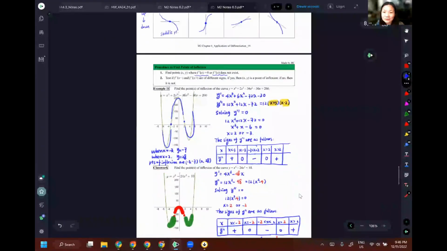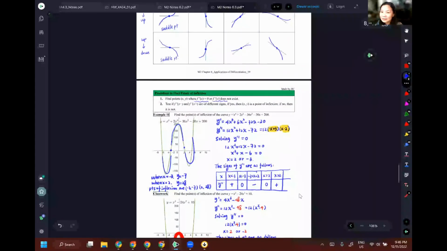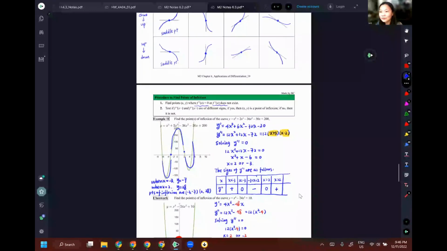You have to take this lesson very seriously, because in the past, I feel that some of the students don't understand. It's like all of the concepts are put together and somehow it's a blur. You shouldn't.